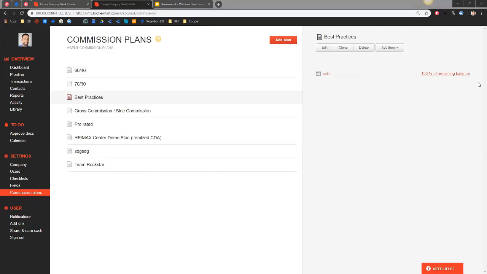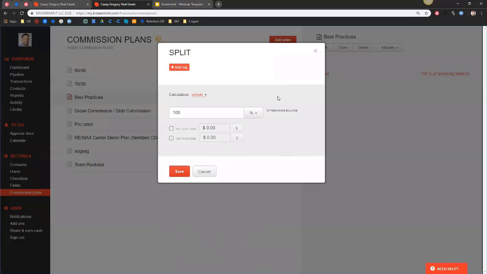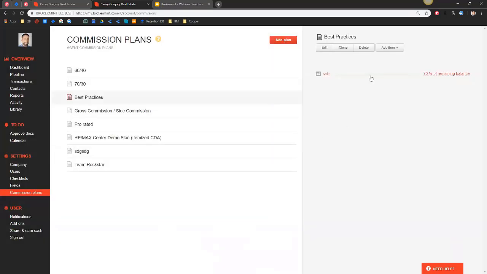Now, this split line is unique from pre-split and post-split deductions. It's important to understand that this split line, as a default, will always determine a split between an agent and a brokerage. So if we define our split line at 70%, it automatically knows that that other 30% is going to be going to the brokerage.